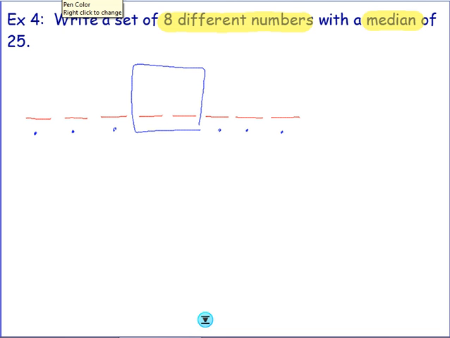So in those 2 blanks, we need to put 2 numbers whose number in the middle is 25. Well, the easiest, most obvious answer is to put 24 in one of them and 26 in the other. 25 is directly in the middle.